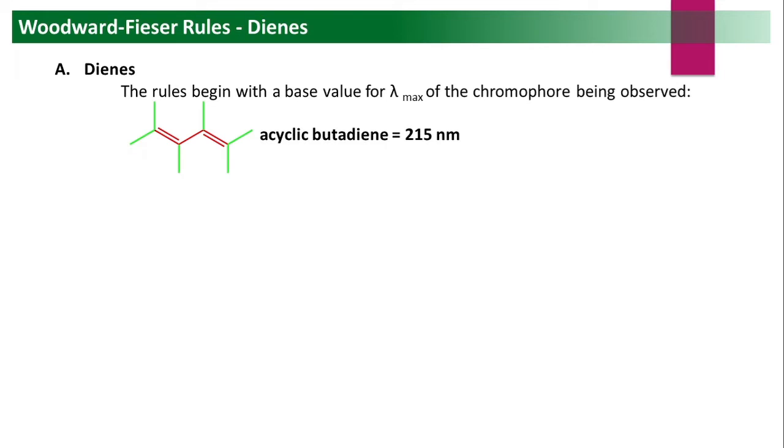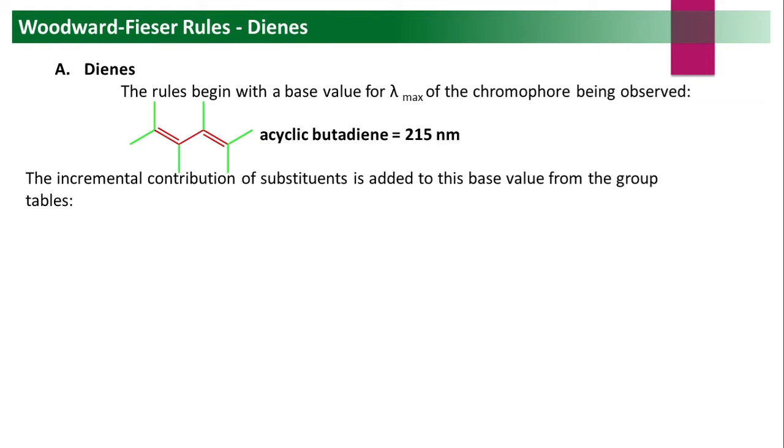So this is acyclic butadiene, C4H6. The base value, that is, the basic lambda max, is 215 nanometer.